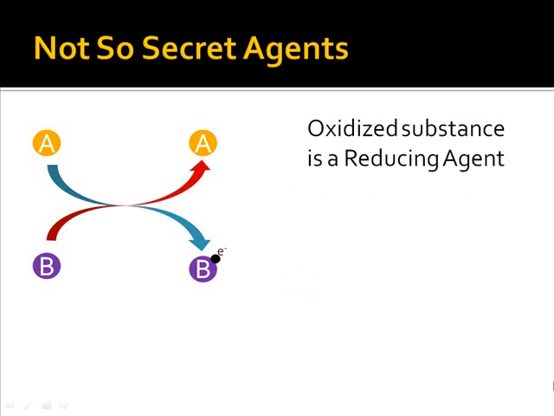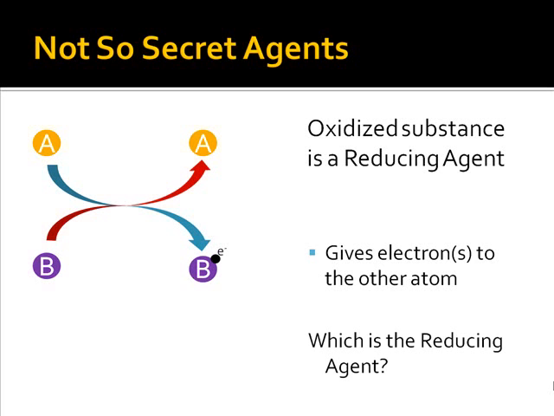Now for something that is not as fun to think about, because what you're about to hear sounds opposite. But hopefully after the explanation you'll see why this is. The substance that is oxidized, right, it is giving up electrons to the other atom. So we also call this the reducing agent. Right? It is causing the reduction of the other atom by donating an electron to it.